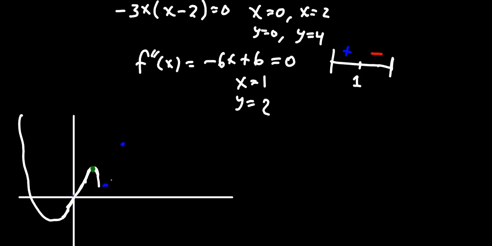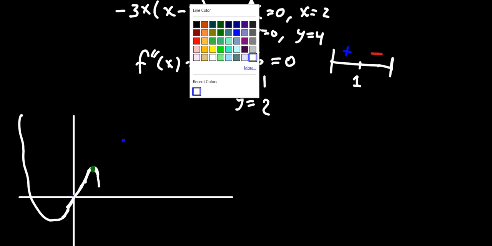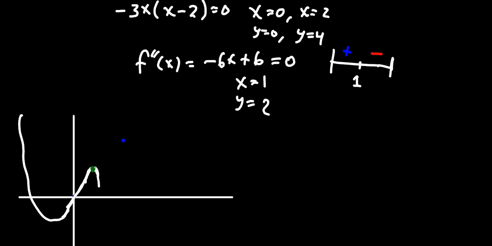We said that the concavity is negative past 1, so let me rewrite this. Okay, there we go. As long as we erase this, of course.